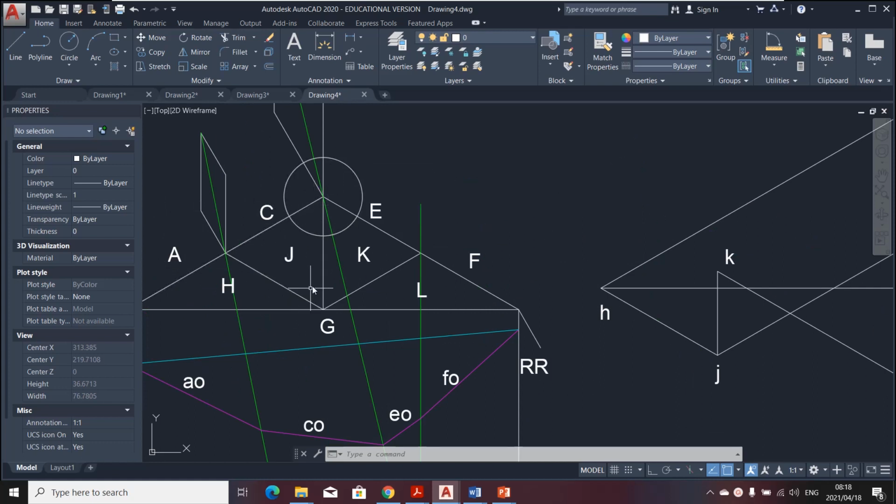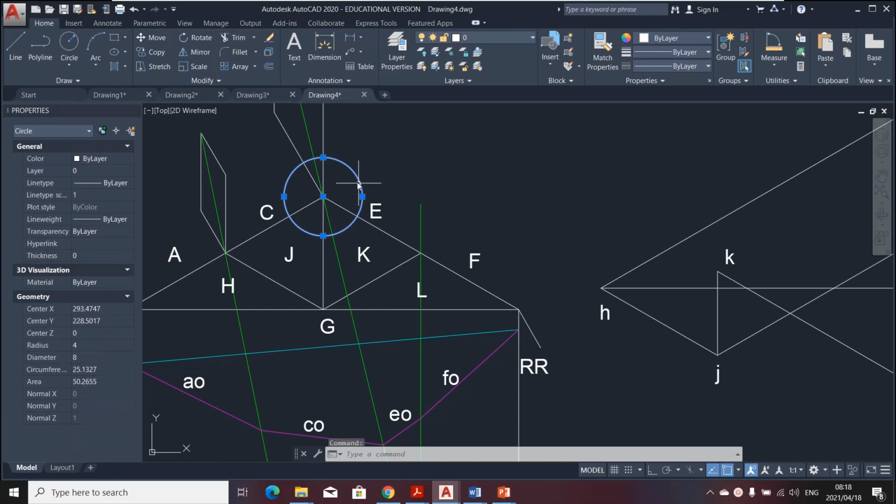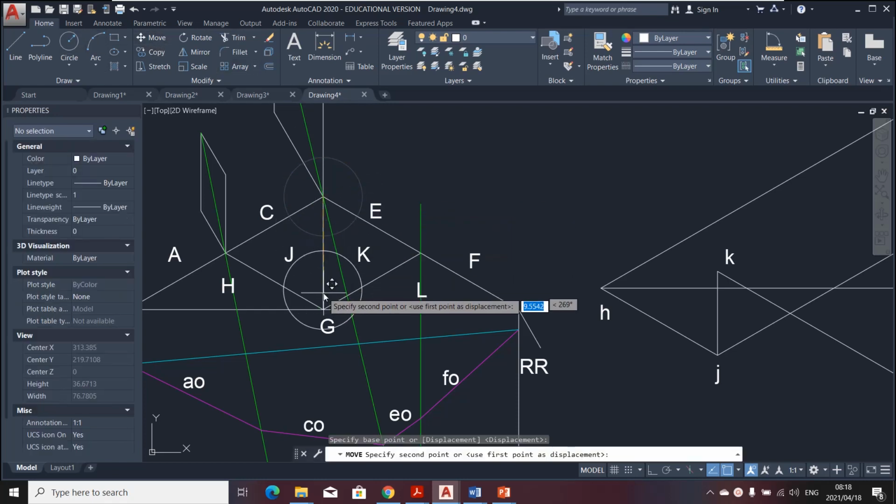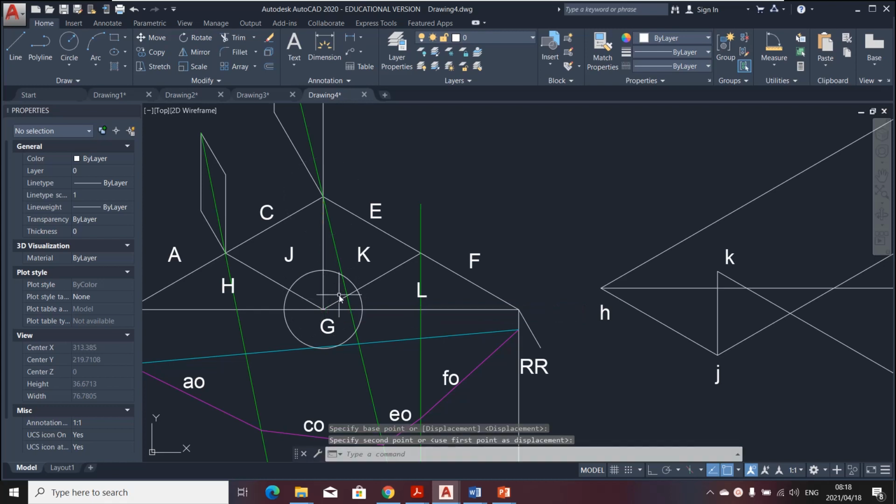I look for another joint which is easier. If I come to this joint, it has got 1, 2, 3, with EK I can use this joint, or I can just come here. If I come to this joint, which has got how many? 1, 2, 3, 4, or 5 members. Now I have 1, 2, 3 members. I'm left with 2, meaning that I can come to this joint, right?